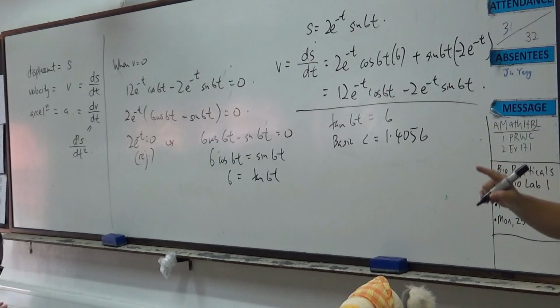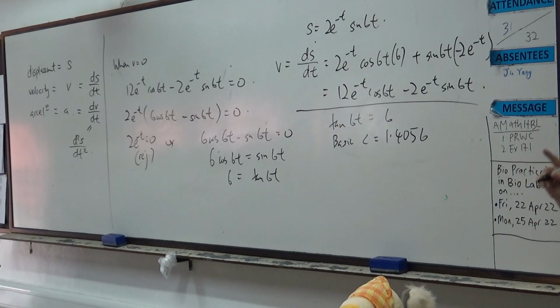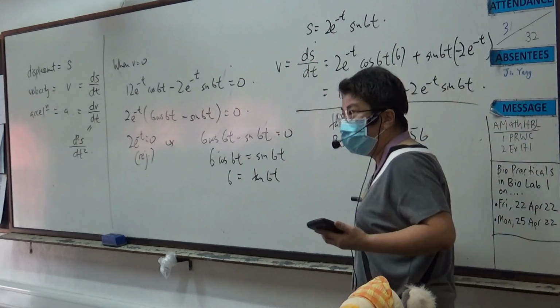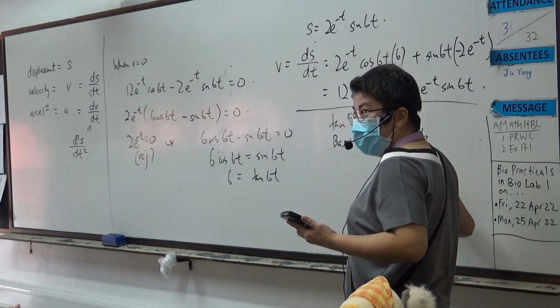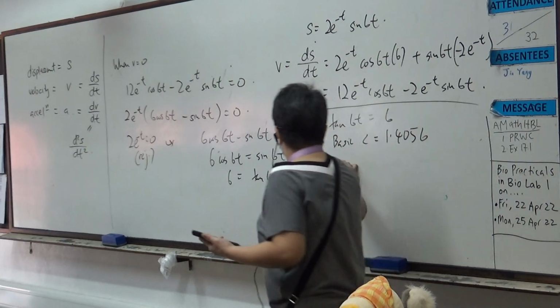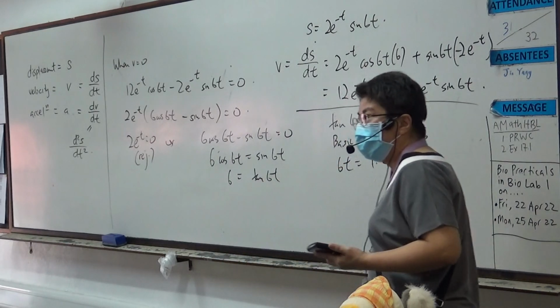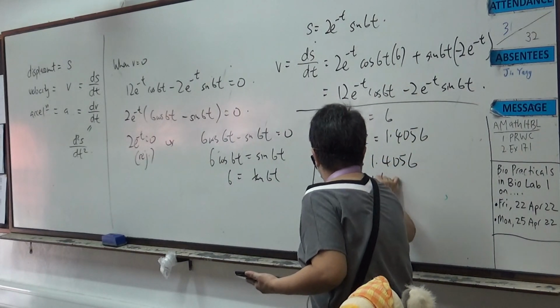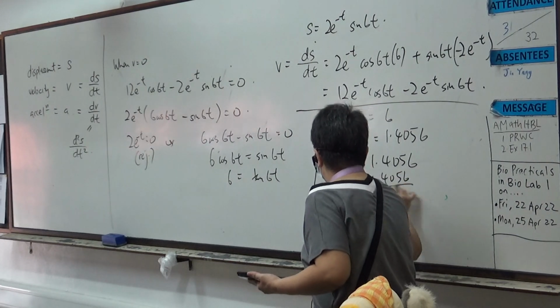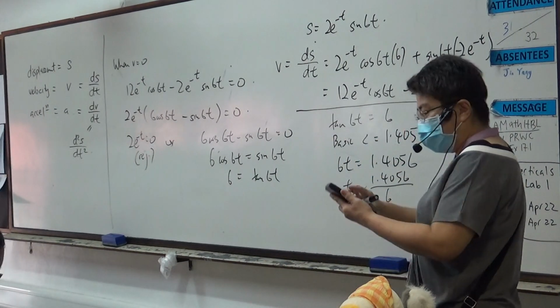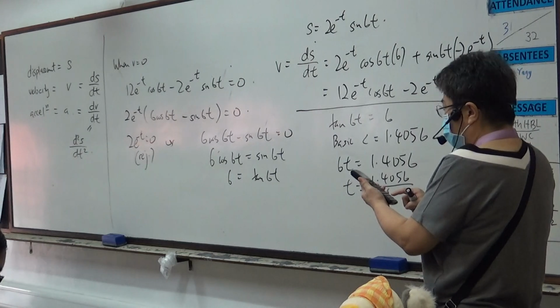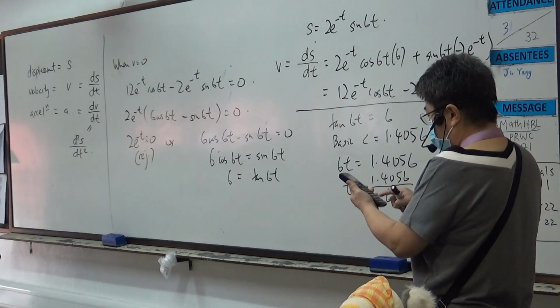Look at the question. The particle first comes to rest though. So the first angle will do. No need to go and do so many. Do you understand? Okay? So 6t will be equals to 1.4056. Repeat it. What will be t? 1.4056 over 6, right? Okay, so let's take a look. 1.4056 divided by 6.